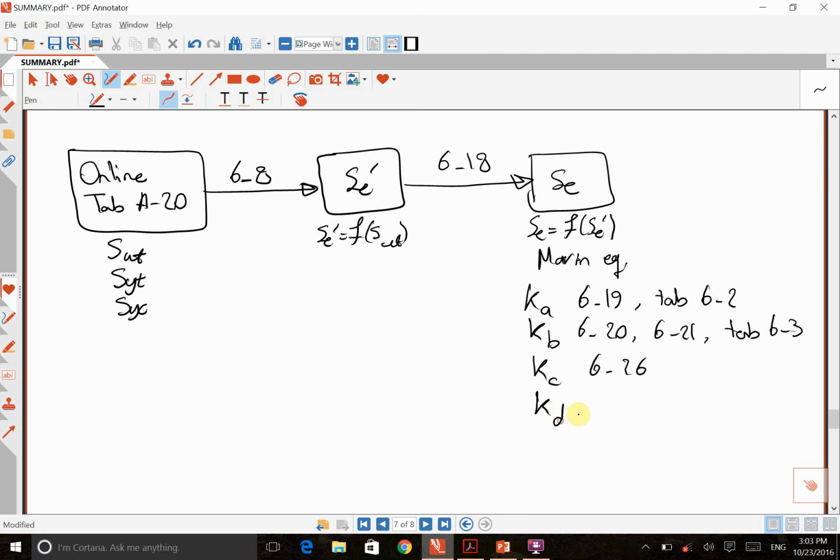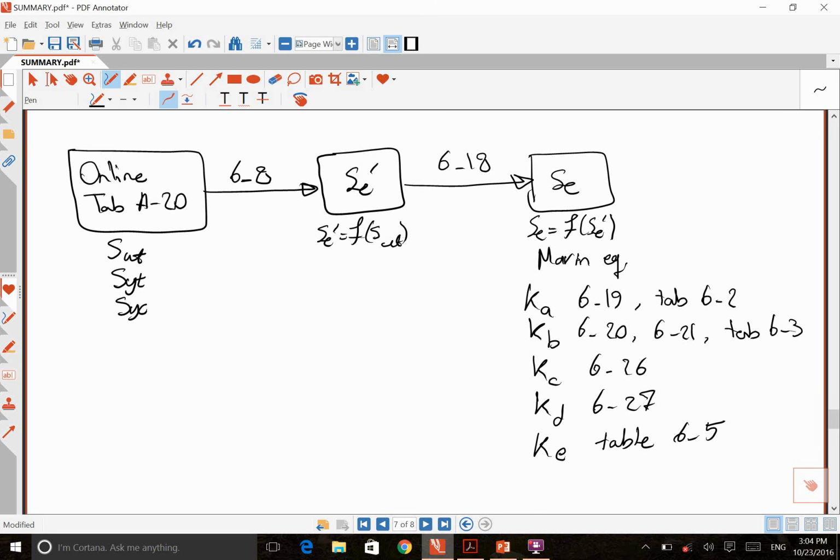We have Kd that can be found from equation 6.27. We have Ke that can be found from table 6.5, and Kf, which represents other factors.